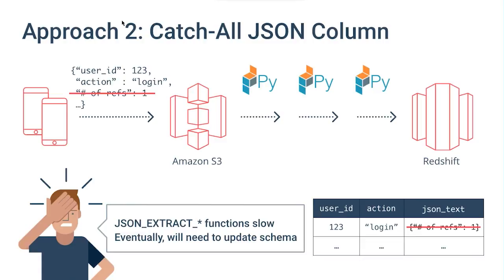Serializing and deserializing JSON is slow, not just in Redshift, but in many database systems. Eventually, you will want to pull these fields out of the JSON string so that you can actually, for example, key based on that, which means you're back to the first case, where you would have to alter, drop, or add new columns to make sure that the data is there and queryable in a way that makes sense.